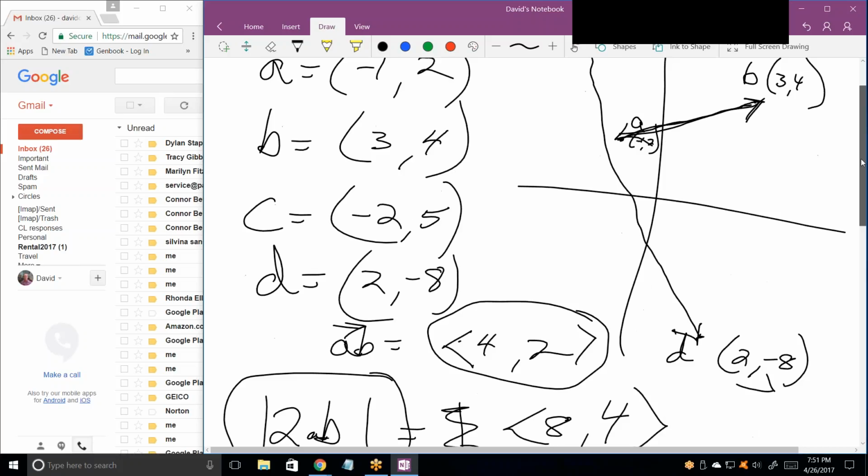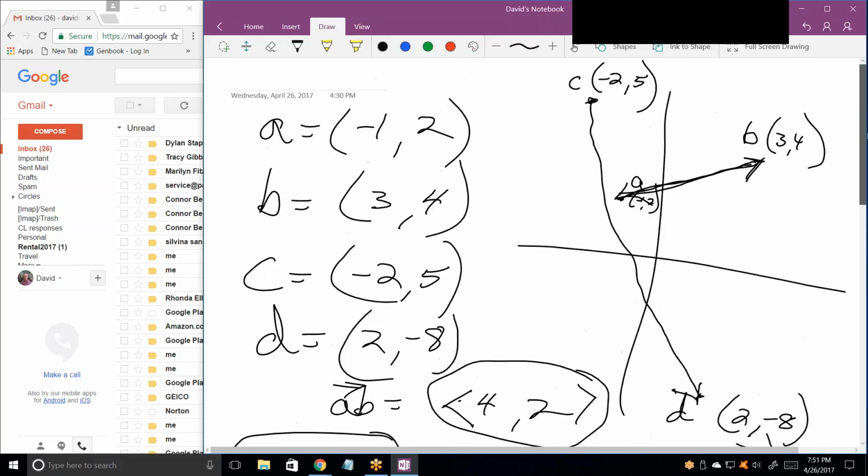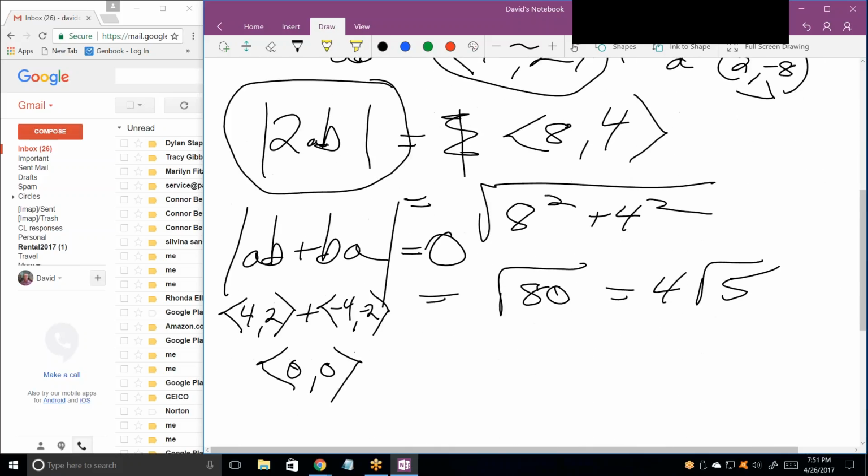So would it be appropriate to say in that sense that there's such a thing as negative magnitude? No, never. The reason is that you take the x and square it. That's always a positive number, even if x is negative. That's always a positive number, even if it's a negative y. So you're always taking the square root of two positive numbers added together.